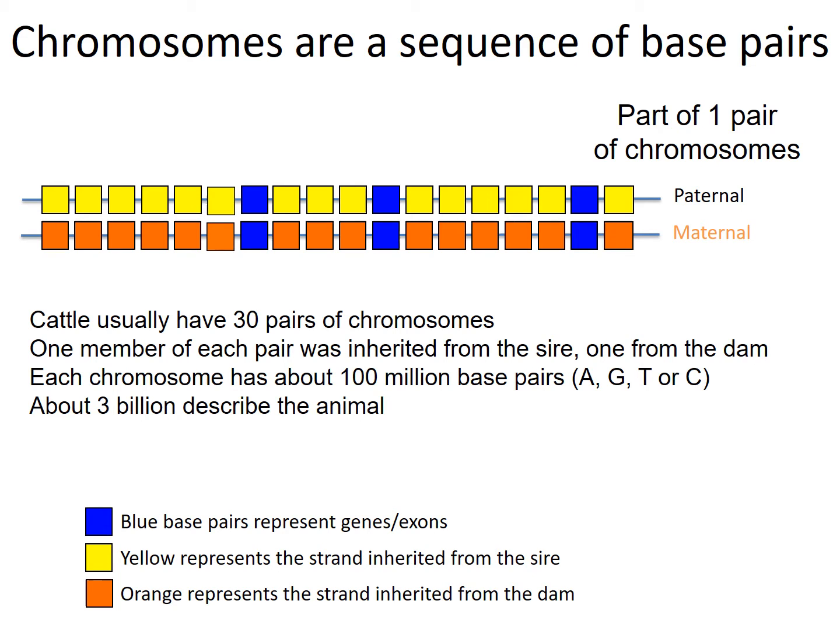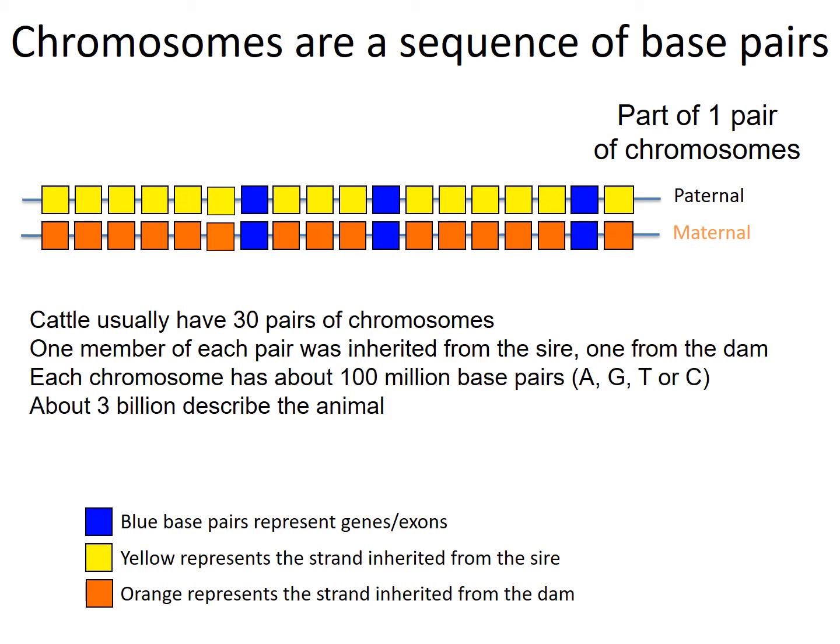A typical chromosome comprises about 100 million of these base pairs, which take 4 different forms: adenine, guanine, thymine, or cytosine. So in total, about 3 billion of these base pairs describe the animal.